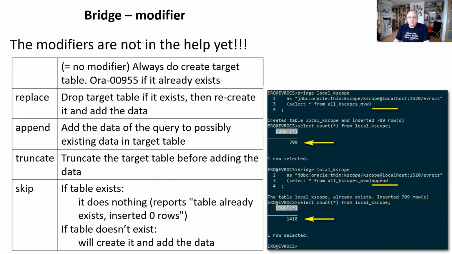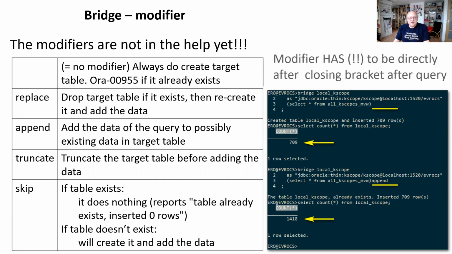This is an example of that. Have a look at that later when you have the time for that. You have to remember that the modifier has to be directly after the closing bracket of the query, as you can see here. If you have a space in between, it won't work.